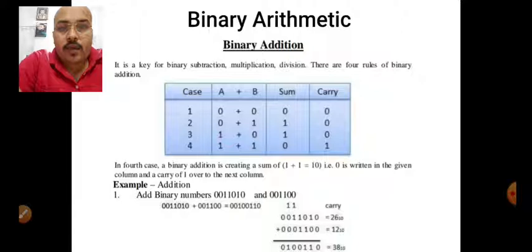and whatever addition, subtraction, multiplication, division we will do in this section of our class, we will do it with some rules and regulation.